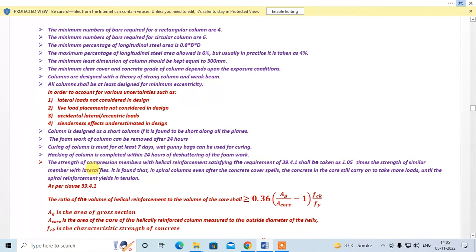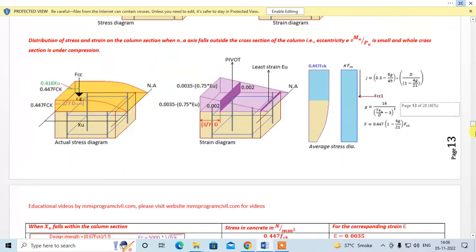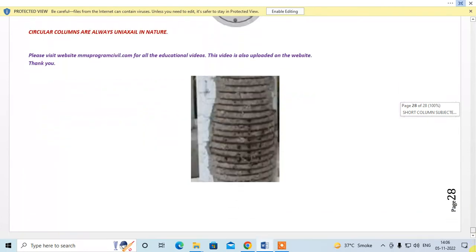This is what we have already studied, right? It is found that in spiral columns, even after the concrete cover spalls, the concrete in the core still continues to take more load until the spiral reinforcement yields in tension. Okay, so let me explain through the figure. You can see this column, right? Even though the concrete cover has spalled, the column continues to take more load until this spiral reinforcement yields, right?